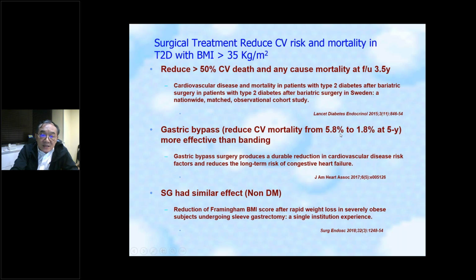The mortality rate went from 5.8% at 5 years to 1.8% at 5 years. And bypass is more effective than banding. So this also supports a 50% reduction in morbid obesity with diabetes.